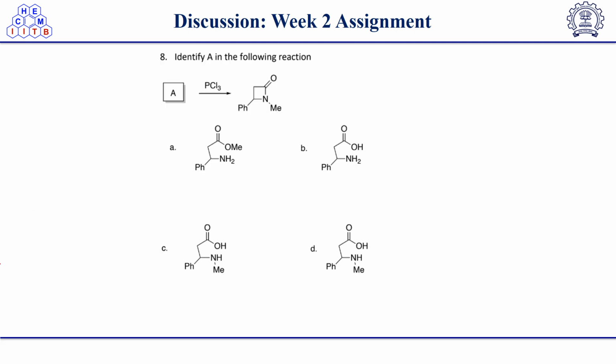Now moving to the next question, identify A in the following reaction. So this is another method for the construction of beta lactams by using PCl3. So which will be the starting material here in this case?